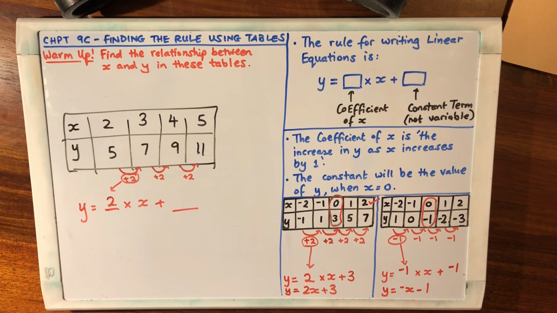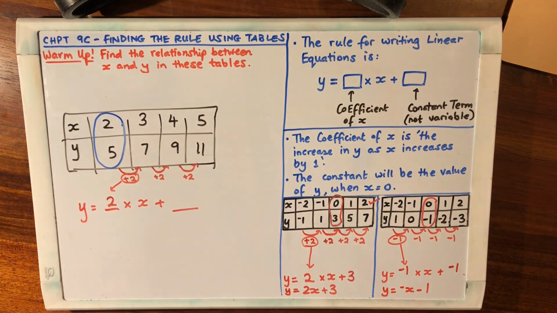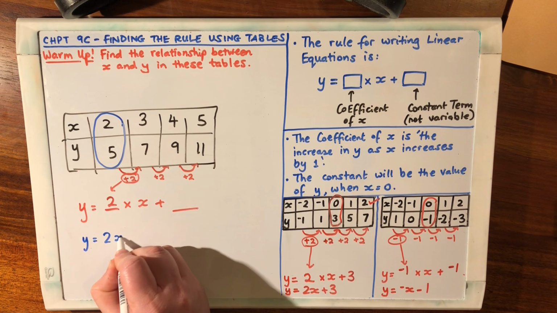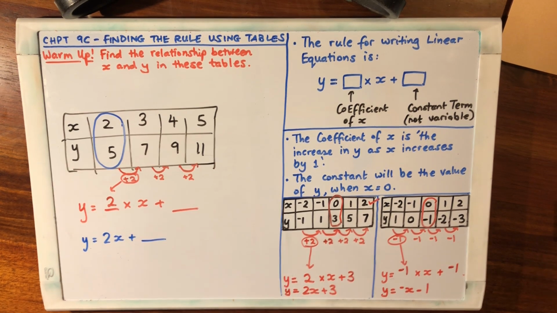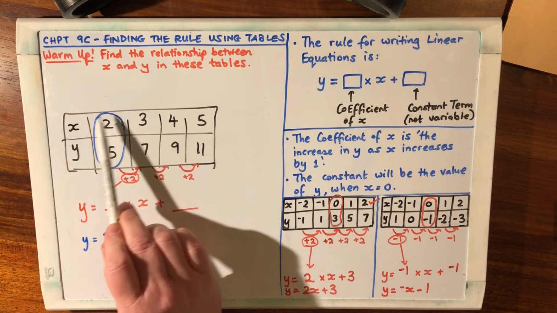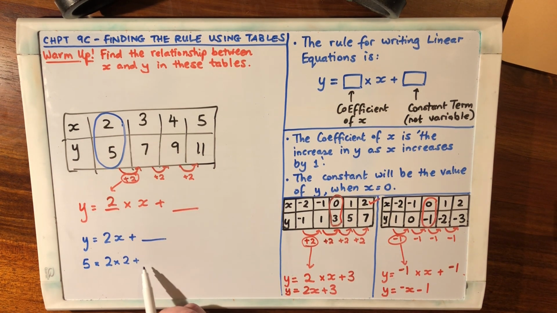I can take any other coordinate. I might just take these two simple small numbers here, and put them into our formula. Right now I know my formula is y equals 2x plus something. We don't know what that something is. But if I take one of my known coordinates and substitute it into the formula, I know that y equals 5, and 2 times x, where x is 2, plus something.